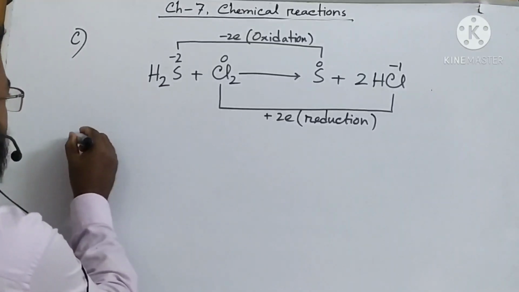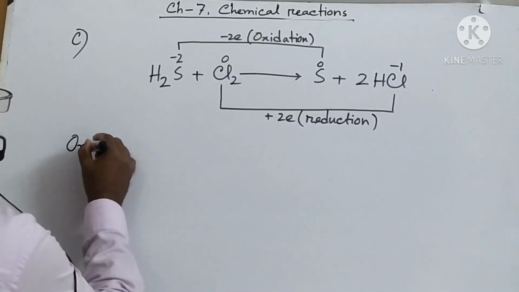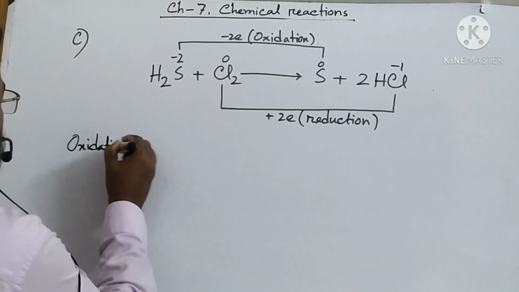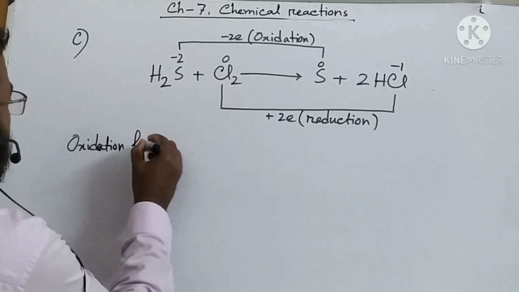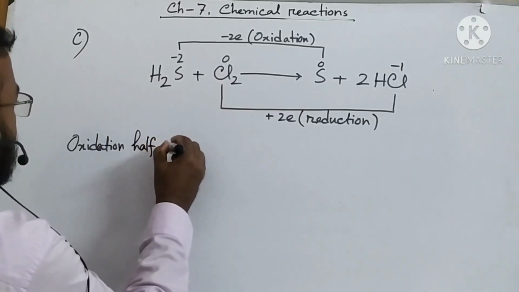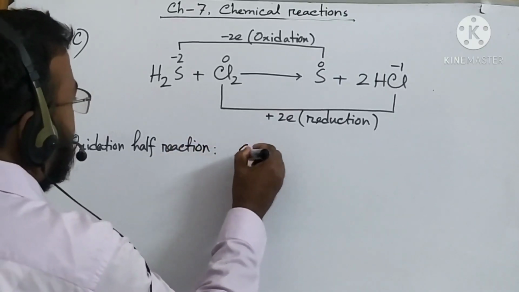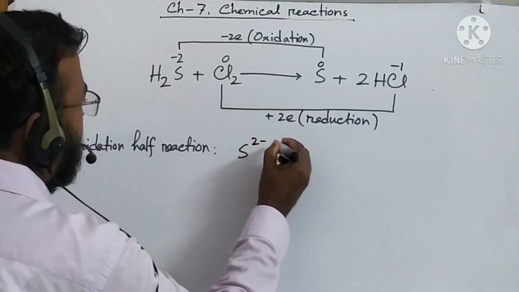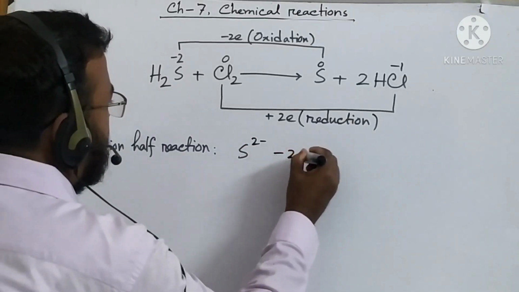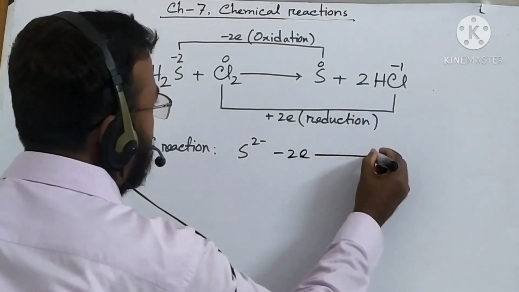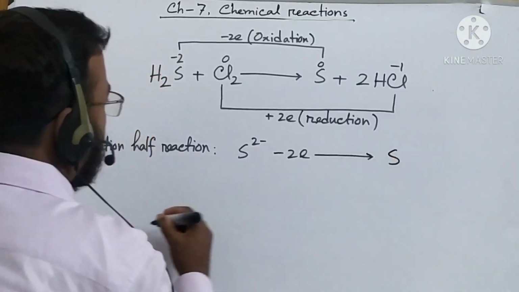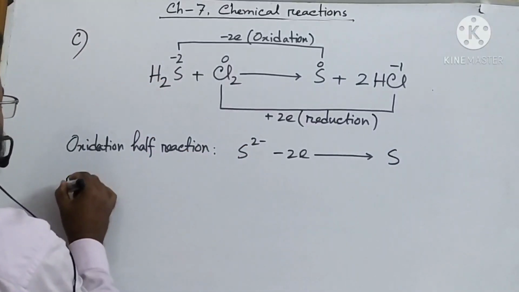Now oxidation half reaction. That means sulfur 2 minus donates 2 electrons and becomes sulfur. Then reduction half reaction.